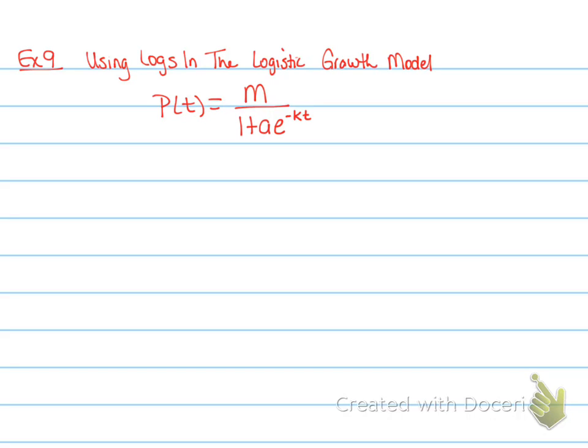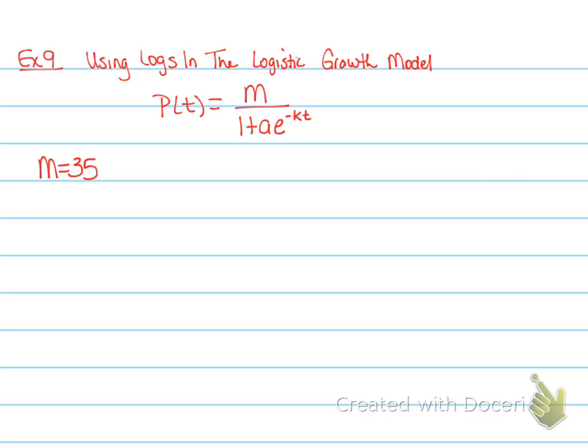All right, so what do we know here? Well, it said in 1987 the world population was about 5 billion. So let's go through the statement again. Suppose the carrying capacity M of the human population on Earth is 35 billion. So we know that M is going to equal 35 billion.